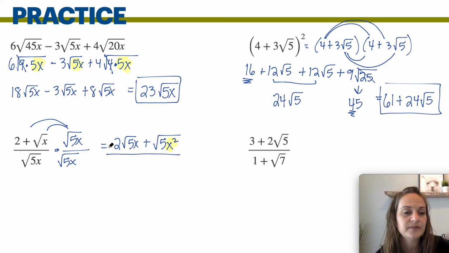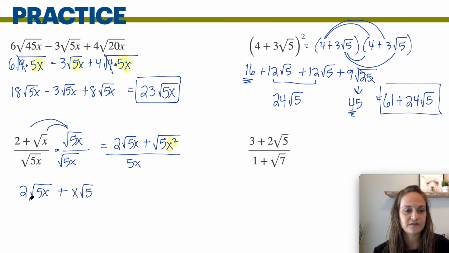And then on bottom, square root of 5x times square root of 5x, the square roots cancel, leaving me 5x. So normally we'd be done except this x squared, the index can divide into it. So we'll be left with 2 square roots of 5x plus x square roots of 5 over 5x.